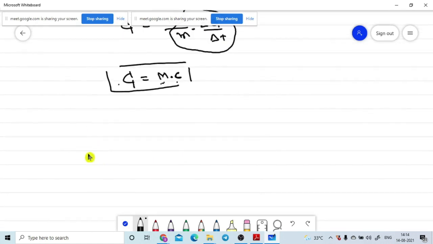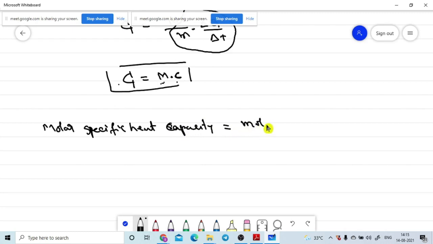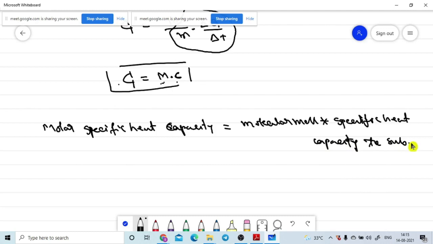So the molar specific heat capacity is equal to the molecular mass of the substance into the specific heat capacity of the substance. This is the formula that we are going to use.